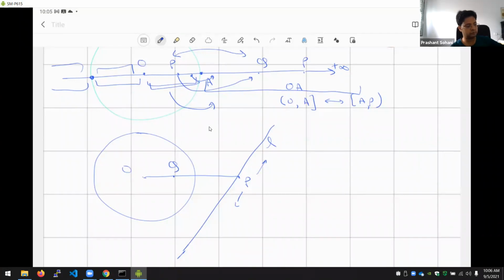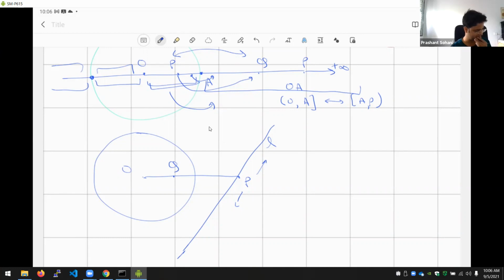Any idea what that locus of Q will be? Sir, it will be a circle. Circle, correct. And how will you determine that circle? Sir, we can consider three more points on line L and their inverses, and then we can prove that those four points are concyclic.